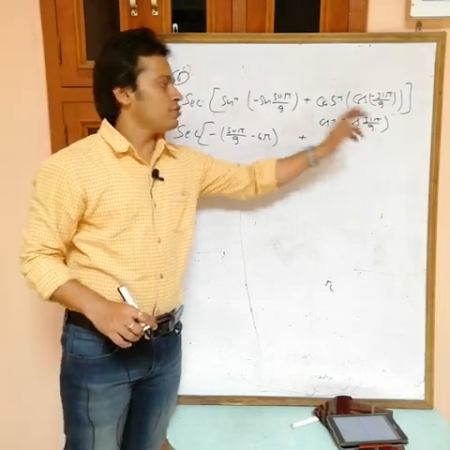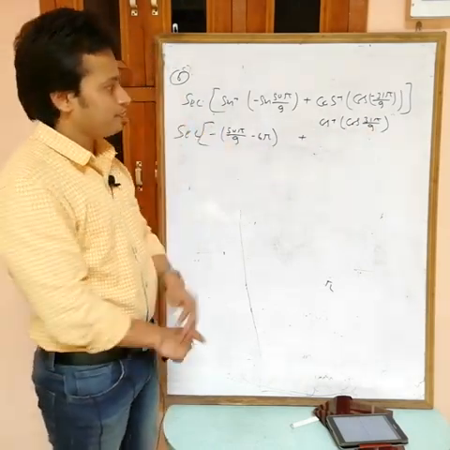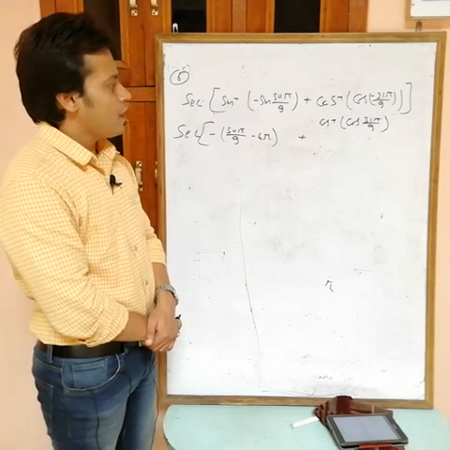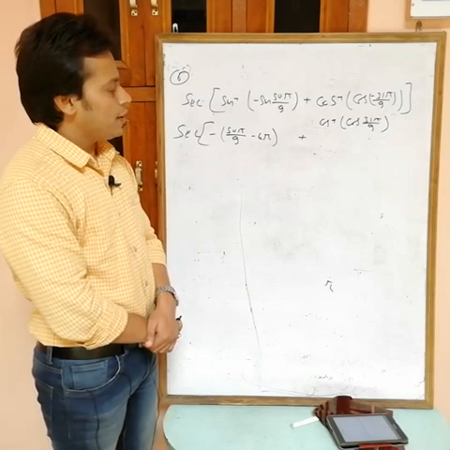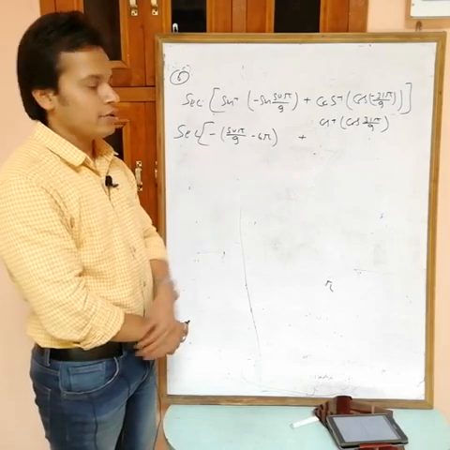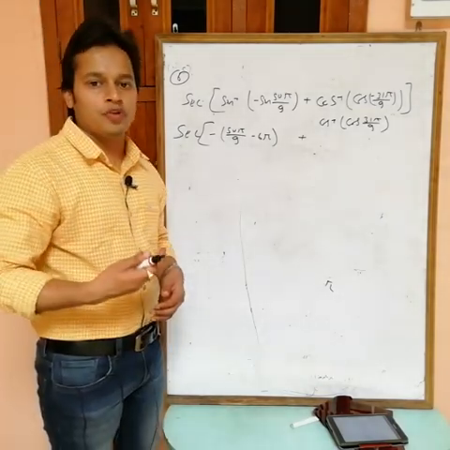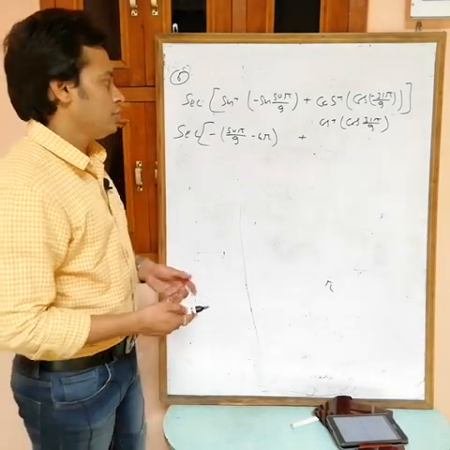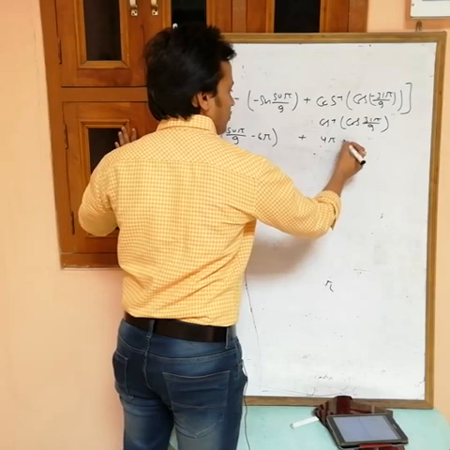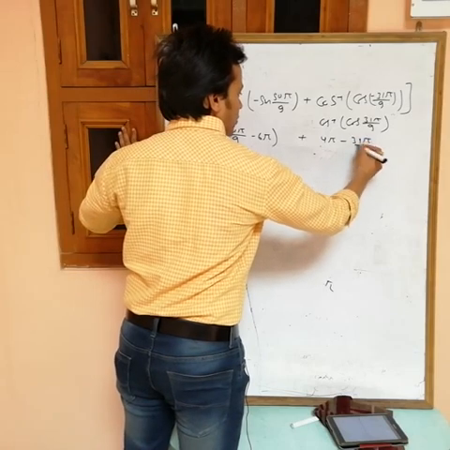Now cos inverse cos x, this is near to 4 pi. 9 into 4 is 36. So it is less than an even multiple of pi, so the answer is that even pi minus x, 31 pi by 9.